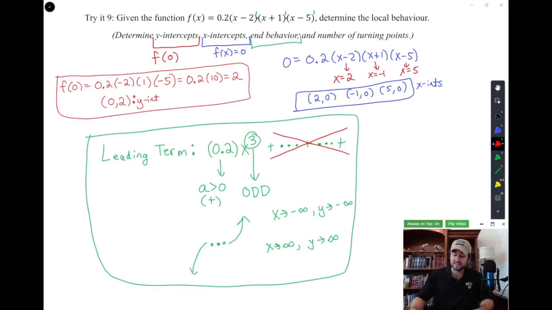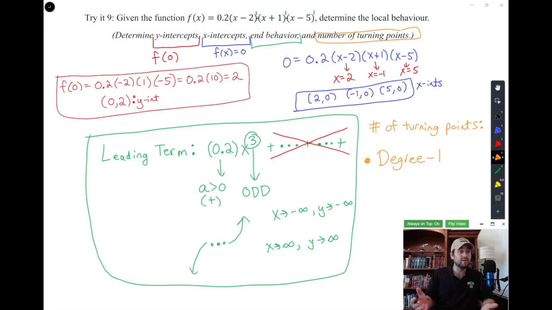And the last thing they asked us for is the number of turning points. And remember, the turning points, that was a pretty easy one to do. You just take the degree and you subtract 1. And so what was the degree of this function?